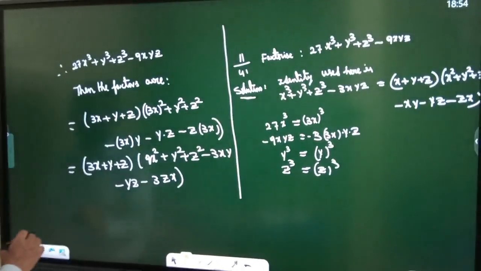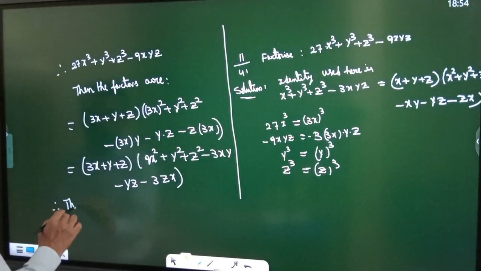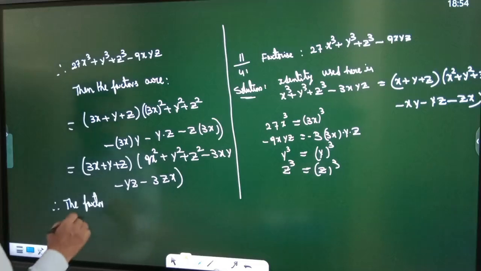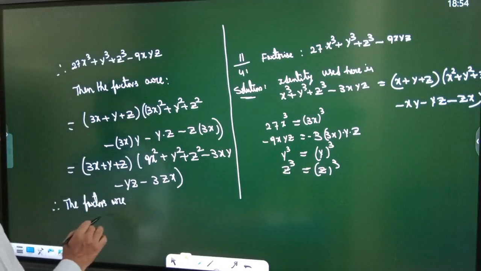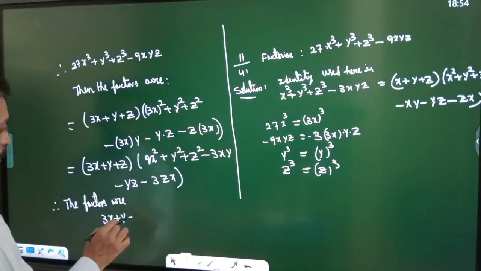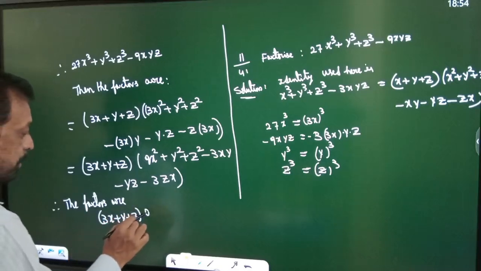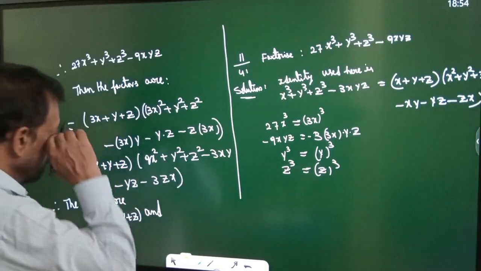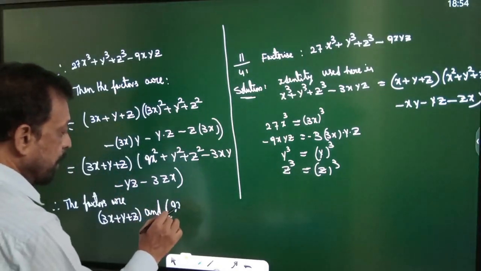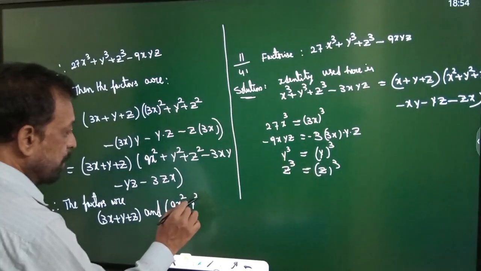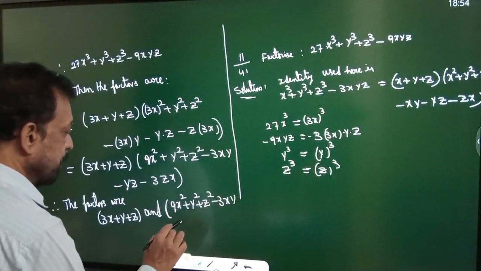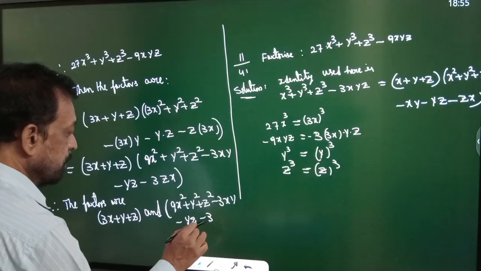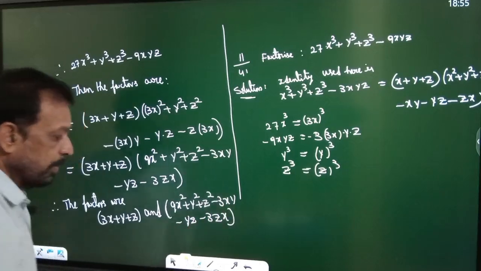Once again repeating, the factors are 3x plus y plus z as one factor, and the other you can write as 9x square plus y square plus z square minus 3xy minus yz minus 3zx. Please complete yourself. This is the answer. Okay.